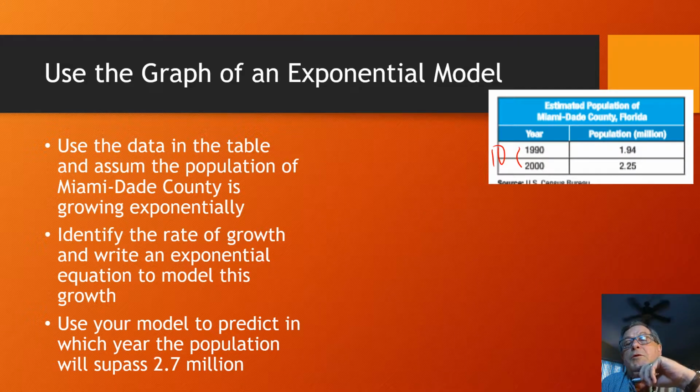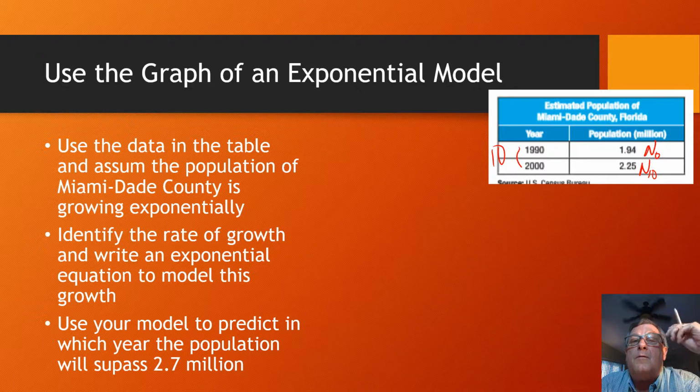And I'm going to call the starting value N0. When we were doing compound interest, that would be P. And 2.25 million is N10, what it is after 10 years.